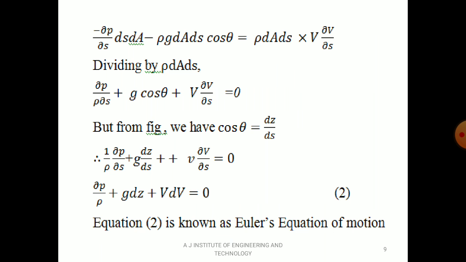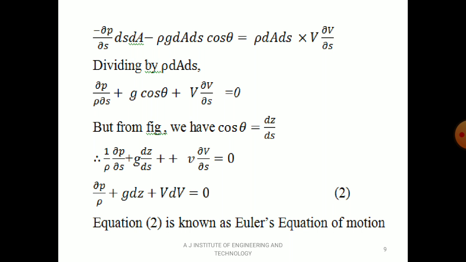Dividing the entire expression by rho into dA ds and taking negative signs to the right hand side, making them positive, we get dou P by dou s divided by rho, that is dou P by rho into dou s, plus g cos theta, because rho g dA ds cos theta divided by rho dA ds cancels, leaving g cos theta, plus v into dou v by dou s equals 0.